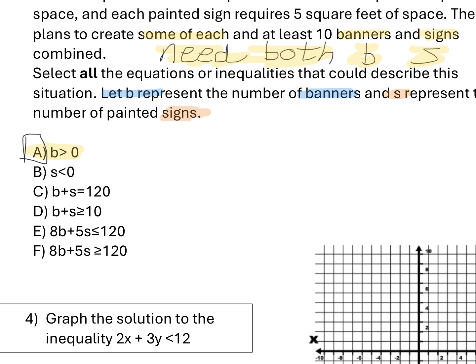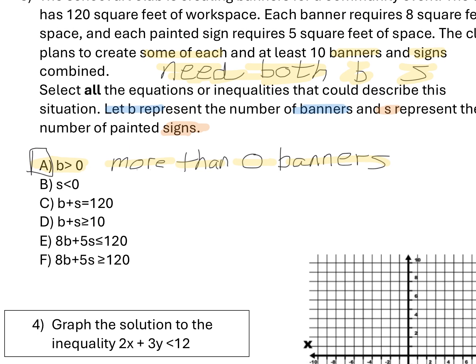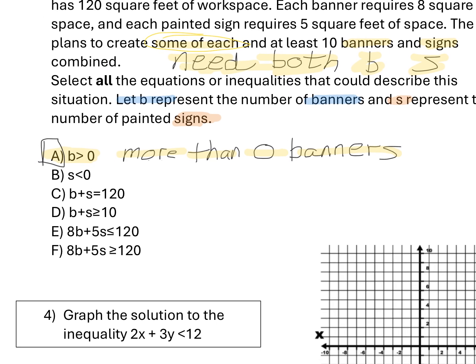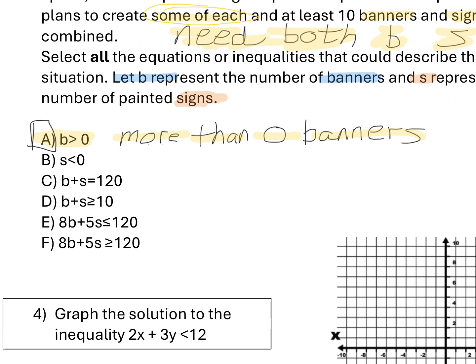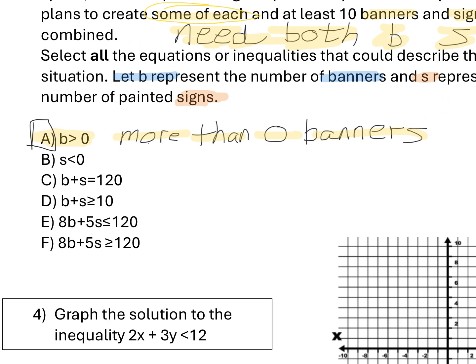The reason A will be correct is because it's saying that you'll have more than 0 banners, which makes sense because it says that they want some of each. So maybe they only make 1, but however many they make, they need more than 0.